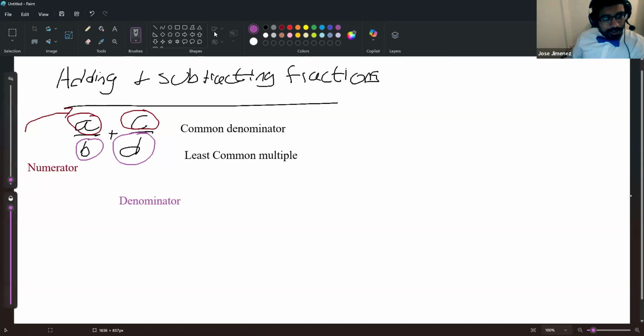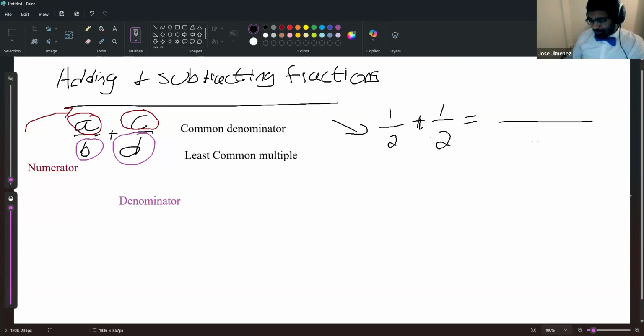So if we go to a numerical example, if we have 1/2 plus 1/2, since the denominators are the same, we can rewrite this fraction as 1 plus 1.